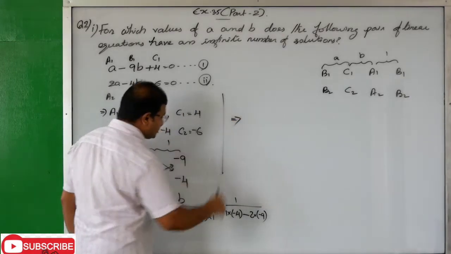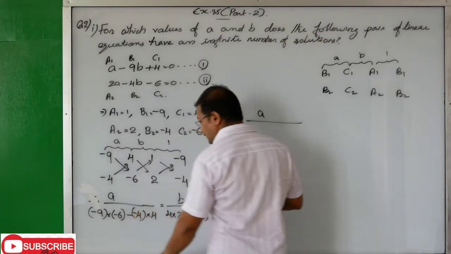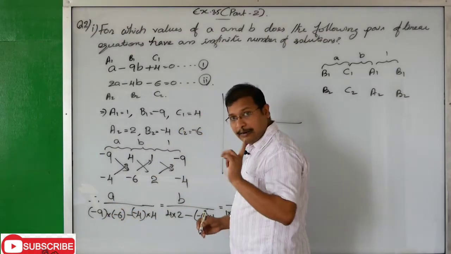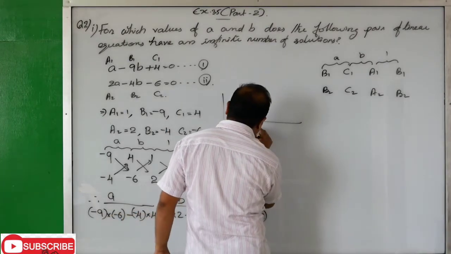So this implies a divided by, now see, minus into minus is plus, so no need to write. Now 9 6s are 54.